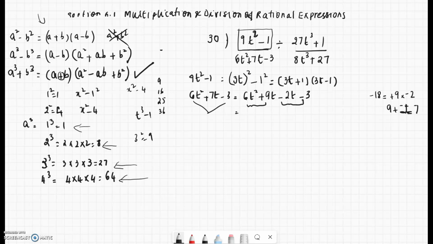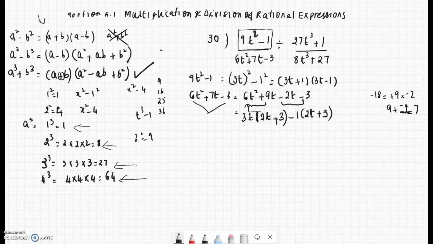The common factor between 6t squared and 9t is a 3 when you look at the numbers, and also a common factor between t squared and t is a t. So 3t times 2t gives you 6t squared, plus, if you factor a 3 out, you're left with 3t. Then minus 1 times 2t plus 3.